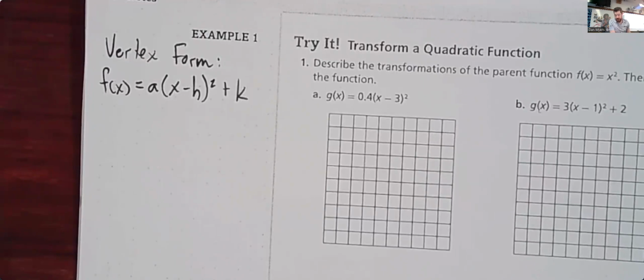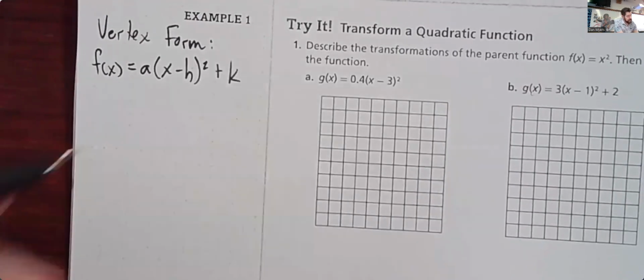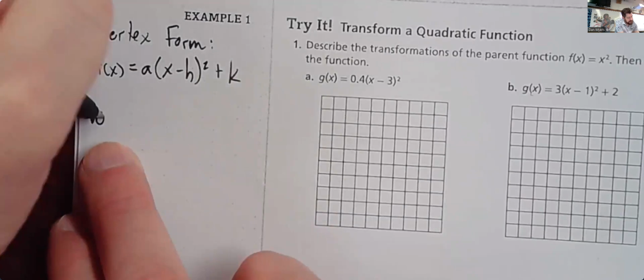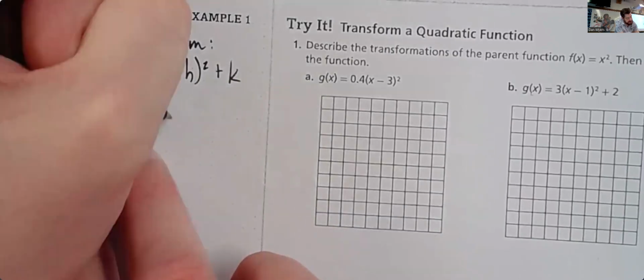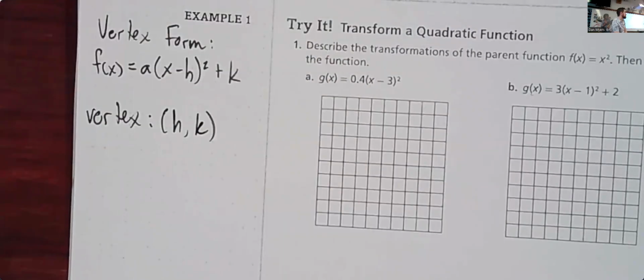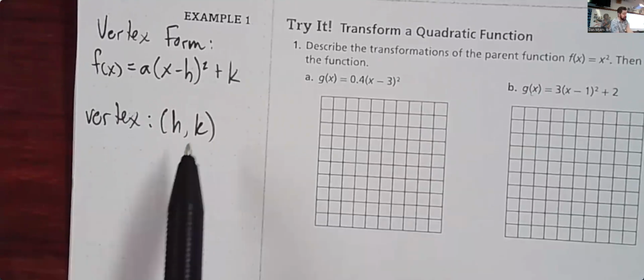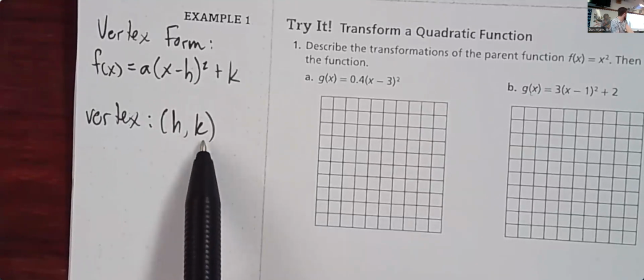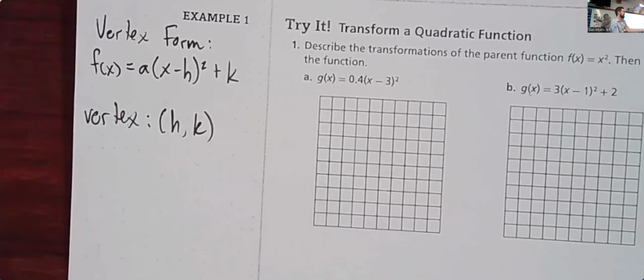So the vertex itself is the point (h, k). While h and k describe the horizontal and the vertical shifts, the point, the number for h and the number for k, is the vertex of that parabola. It's the middle of the parabola.